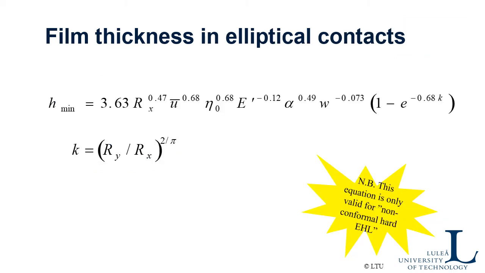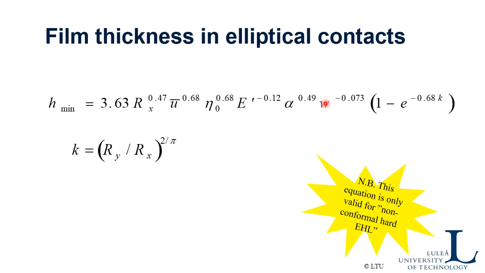If you have an elliptical contact, which is a more generalized 2D contact instead of the 1D line problem, you can use this equation instead. So here you see you have the same numbers, R, in this case it's Rx, which is the radii in the rolling sliding direction only. It's the speeds, it's the viscosity, the elastic properties, the alpha, and the load.